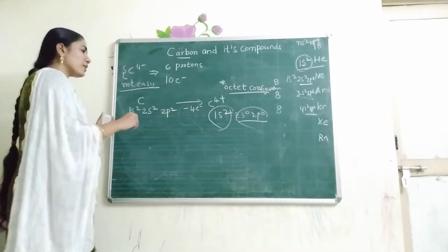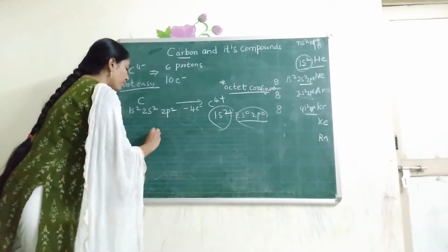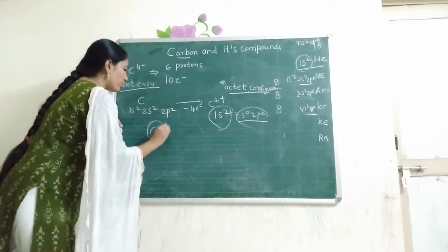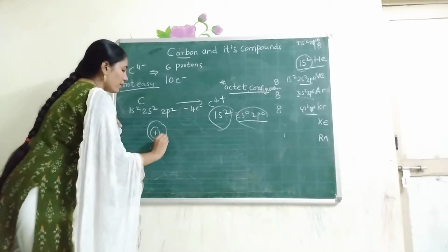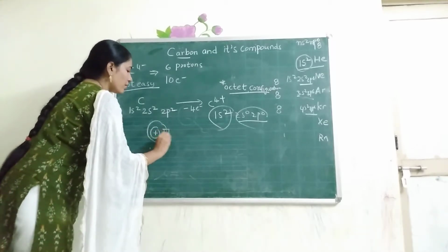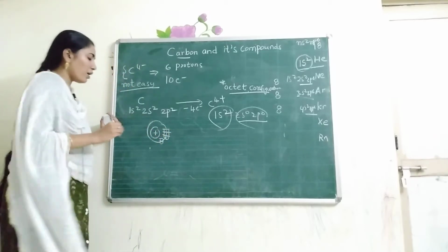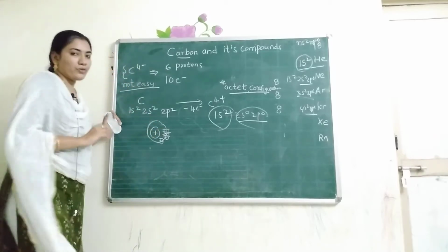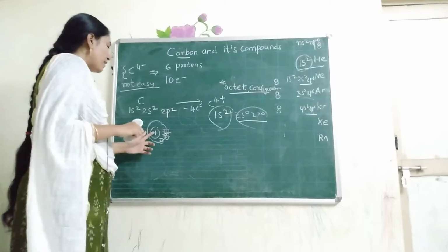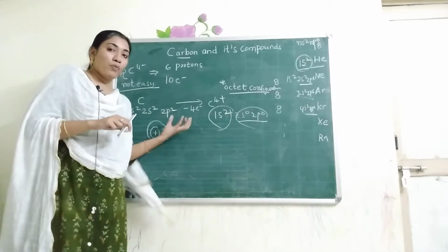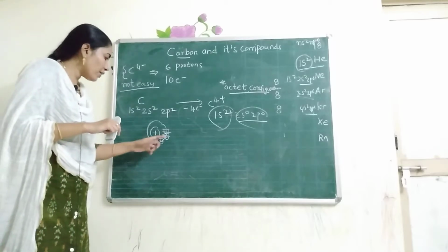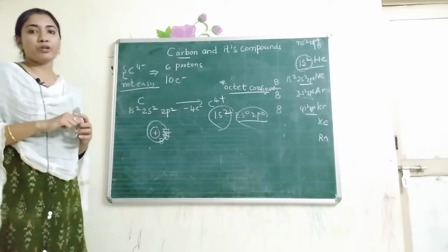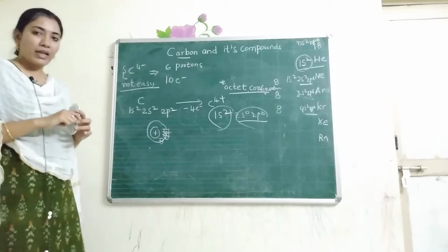But here the problem is, we know, for example, this is the carbon atom, this is a 2s orbital and this is the 2p orbital. Now we have to remove how many electrons? 4 electrons. The energy required to remove an electron from the outermost orbit is called ionization energy.